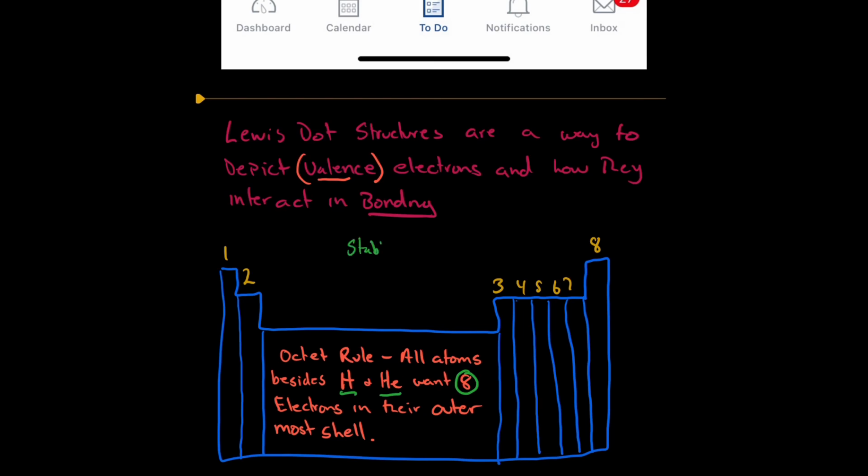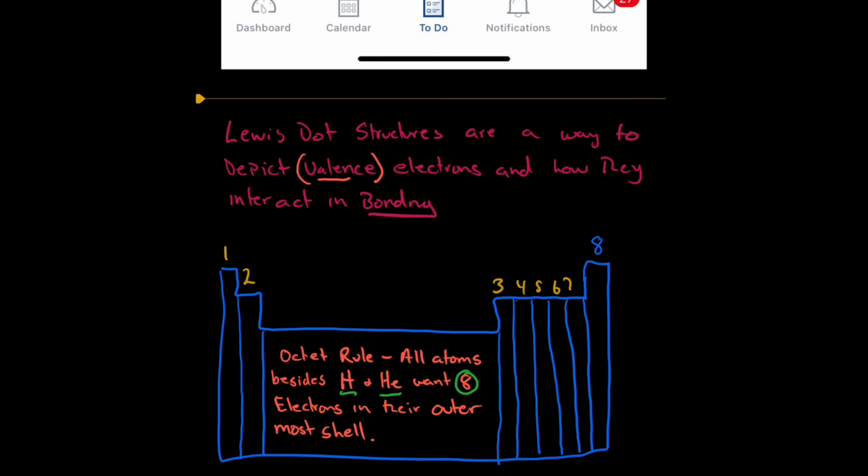If they have 7 or fewer, they feel unstable and get stressed out and want more, all the way up to 8 valence electrons. So every atom on the periodic table besides hydrogen and helium wants 8 valence electrons. Okay, so that's the Octet Rule.